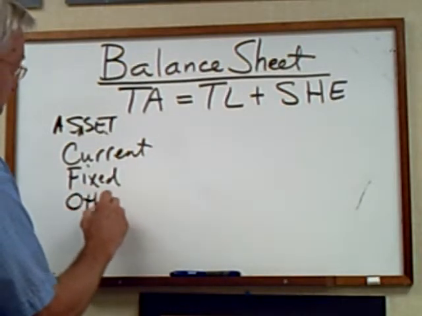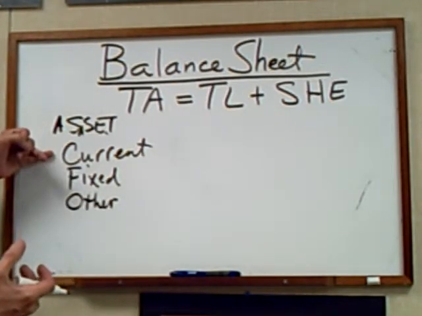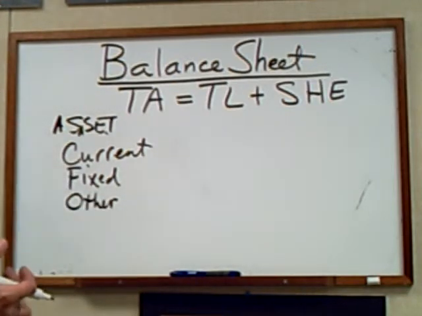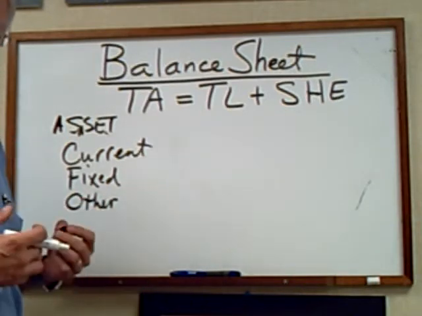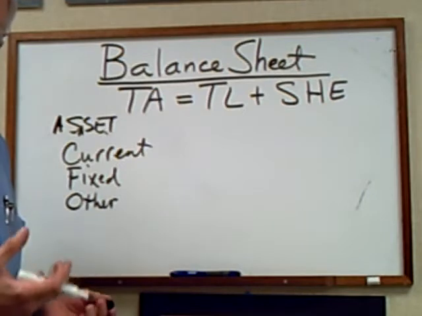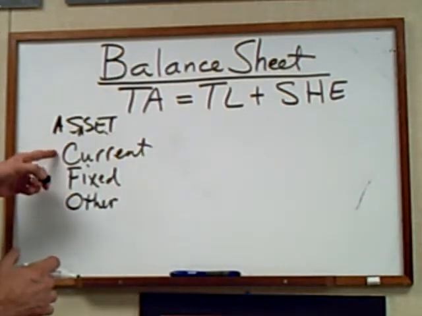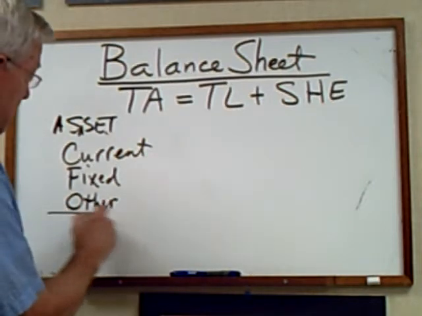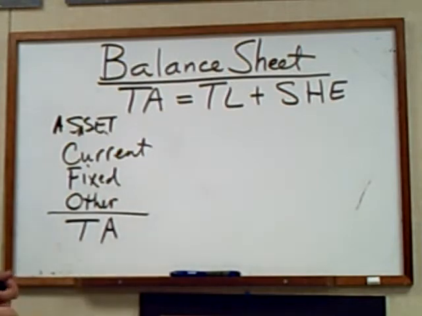Sometimes other assets will be listed that don't cleanly fall into the current or fixed asset side, but that would be under the purview of the accountant's rules. But we're going to mostly concern ourselves with current and fixed assets. This adds together to give us total assets.